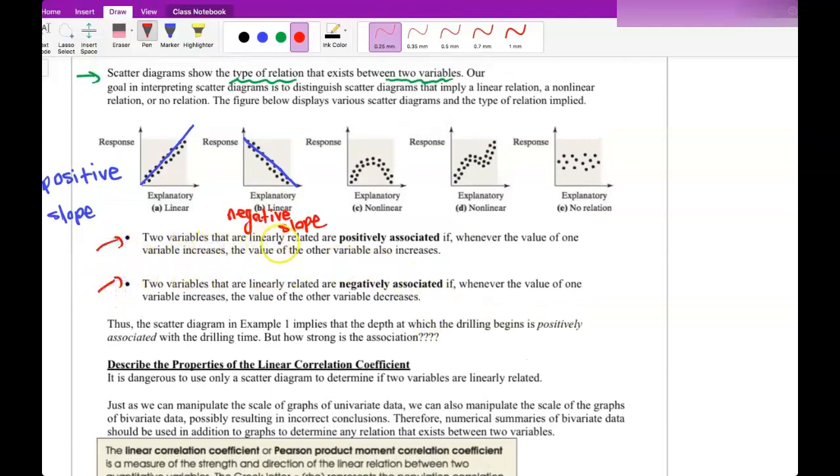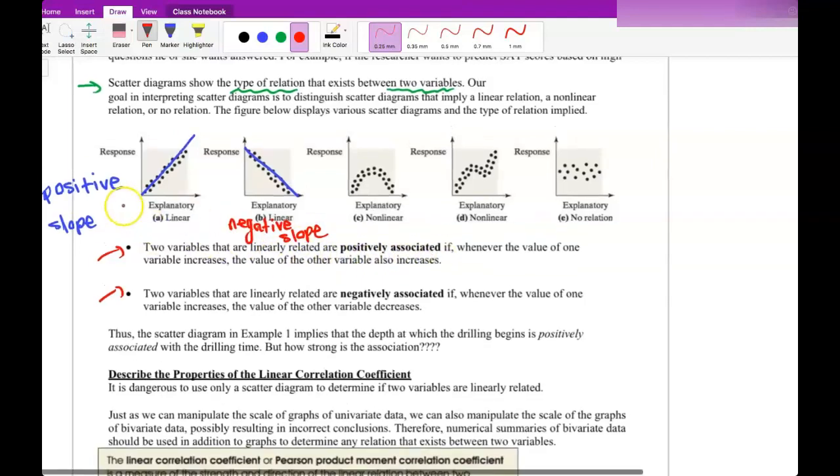Two variables that are linearly related are positively associated when the value of one variable increases and the value of the other variable also increases. So if x increases that way, y will also increase.